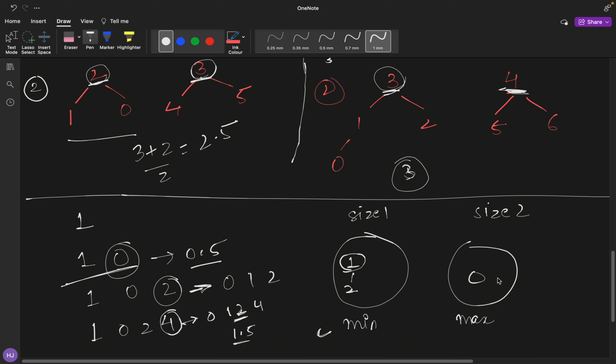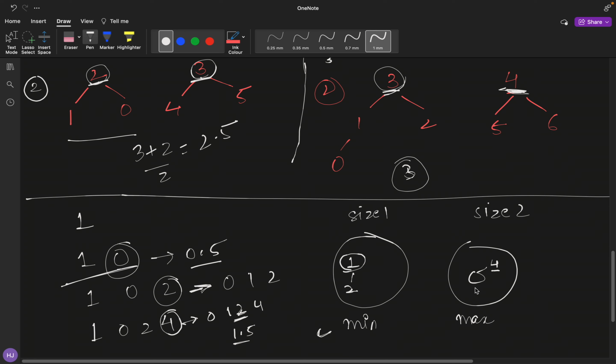So let's assume that I add my 4 in the max heap. Do you think it's a preferred choice to add 4 in the max heap? The answer is no, because at this point my top element would have been 4, whereas I have to keep my elements in such a way that the largest among the smallest is on the top of the max heap, and the minimum amongst the largest is on the top of the min heap.